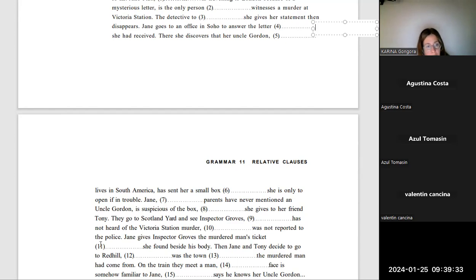Very good, Valen, on 11. 13 is not correct, Valen. Exactly, Asu.